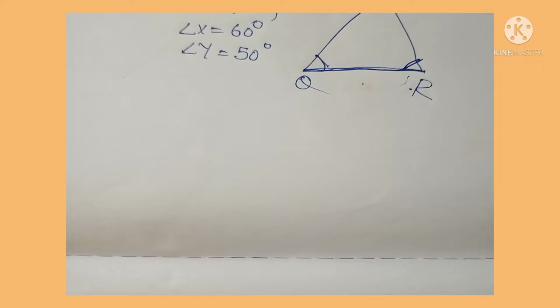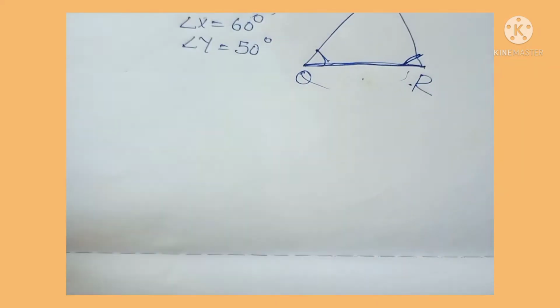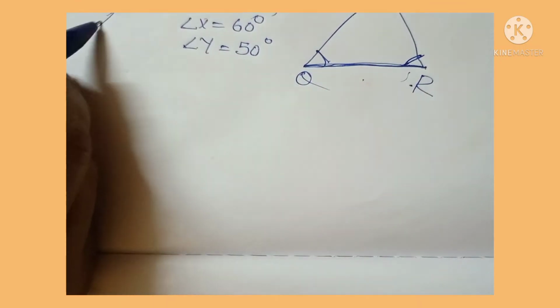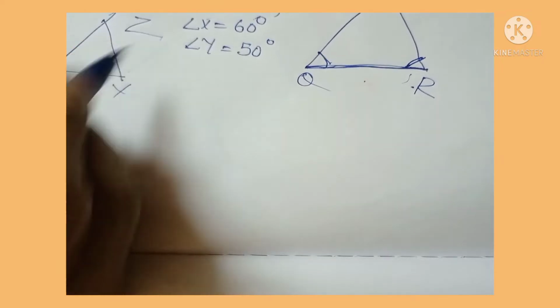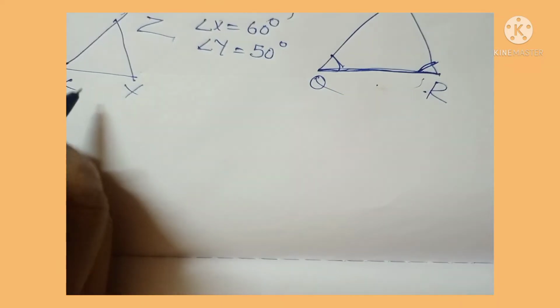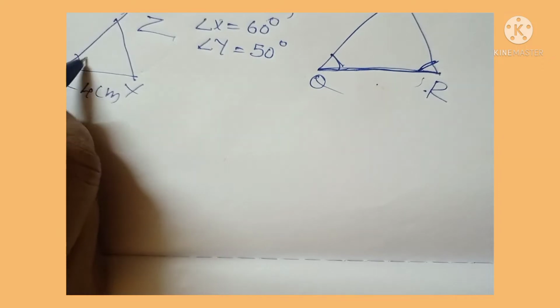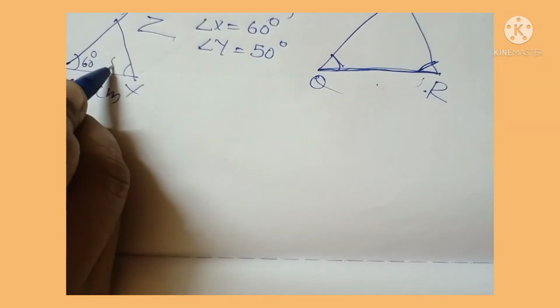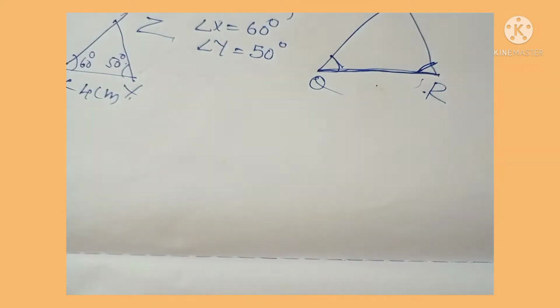First of all, we want to draw a line segment with the measure 4 centimeter. So let us look into the rough figure. X, Y, Z. Here XY is given as 4 centimeter, angle X is 60 degree and angle Y is 50 degree. So first we want to draw a line segment of 4 centimeter.